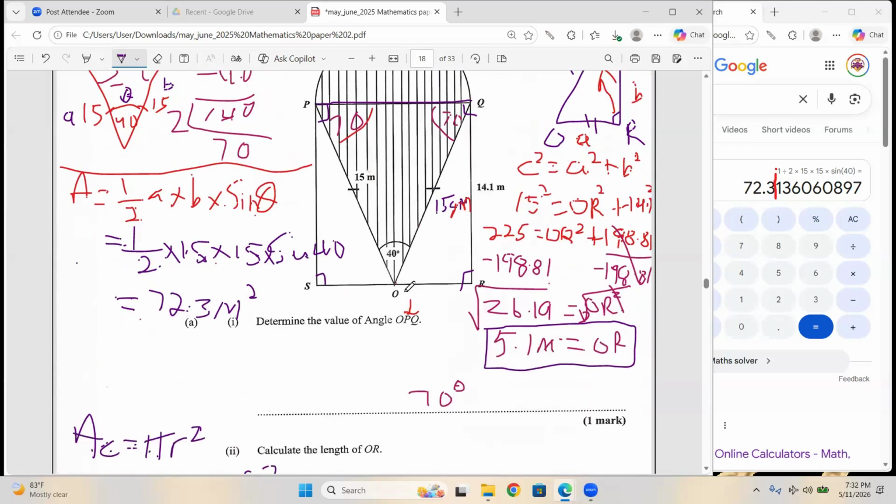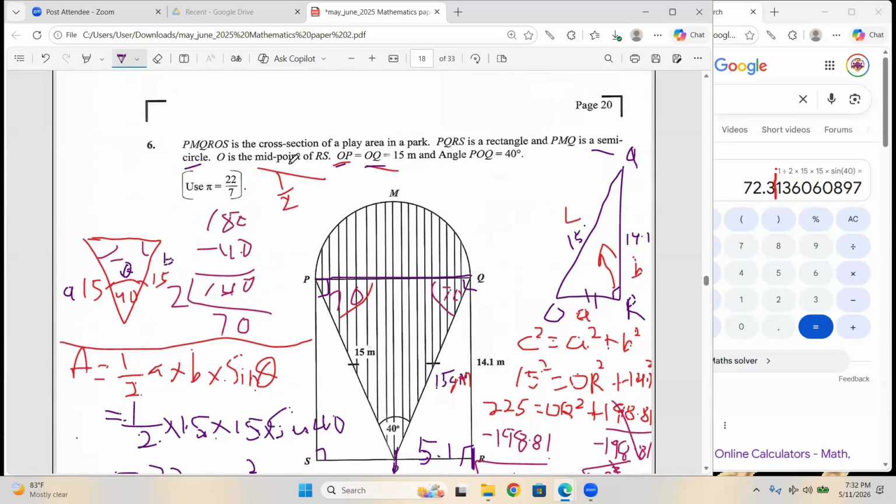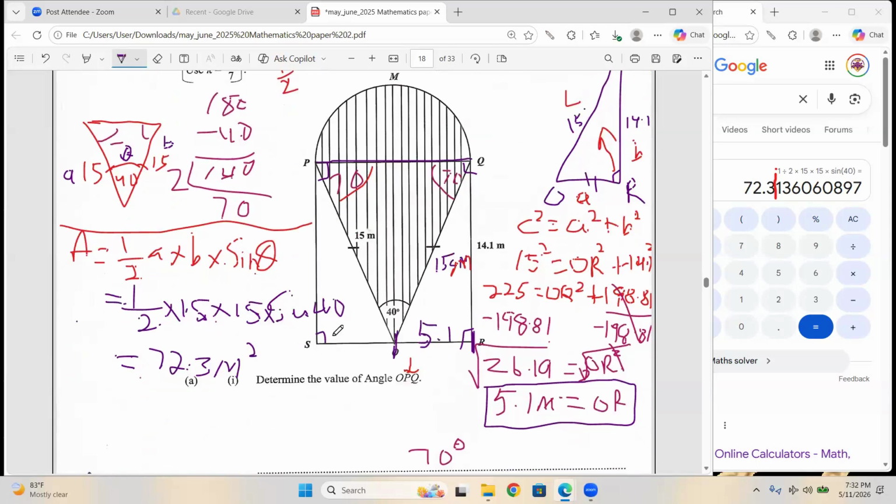You remember when we had to find OR, which is from O here to R, and I got 5.1. So if O is the midpoint, which divides RS in half, that means from O to S is also going to be the same 5.1. So this entire line, 5.1 plus 5.1 is 10.2, right? But we don't need 10.2, just saying.